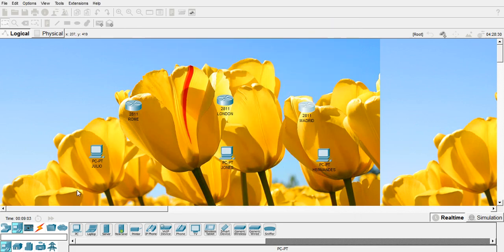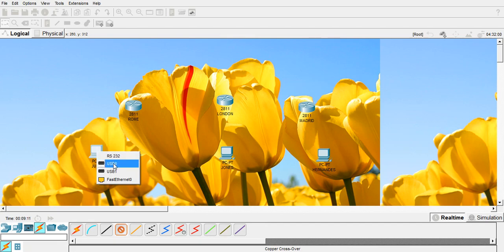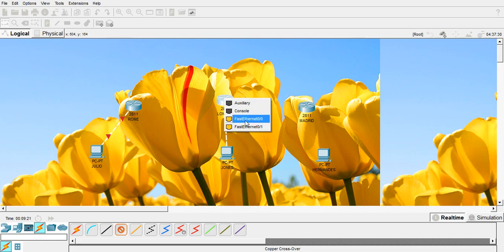Now as usual, we'll first of all connect the crossover cable to the fast Ethernet port of the routers. I told you the kind of cable to use when you're connecting like devices in my previous class.